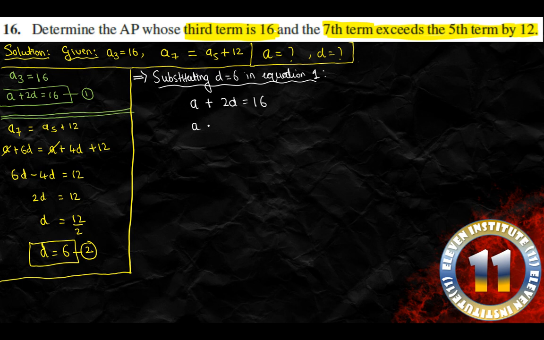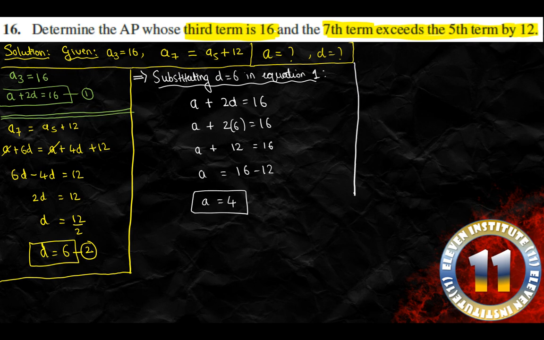A will remain as it is, plus 2. Instead of D we will write 6 is equal to 16. Again A will remain as it is. 6 2s are 12. So A plus 12 will give us 16. 12 will go to the other side. So we get 16 minus 12, and 16 minus 12 is 4. Right, so this is our first term whose value is 4.